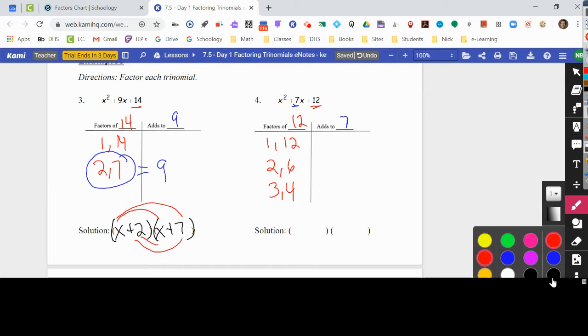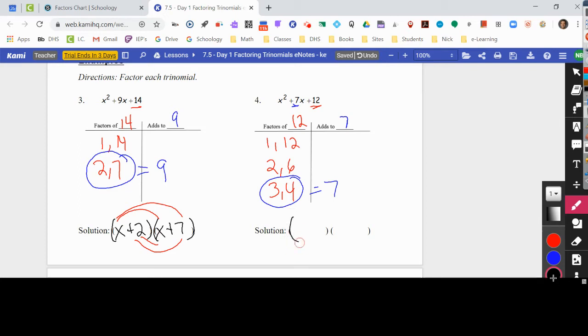Out of those 3 pairs, which one adds to positive 7? Well, 3 plus 4 gives me that positive 7. So I'm going to use that 3 and that 4. For my solution, it's always these sets of parentheses, and it's going to be x plus 3 times x plus 4. And that is my factored solution.